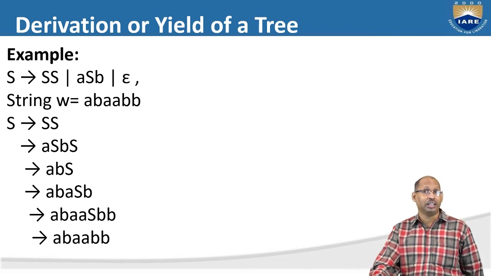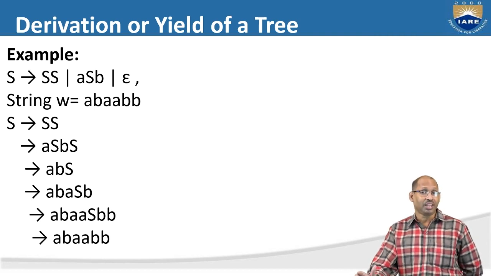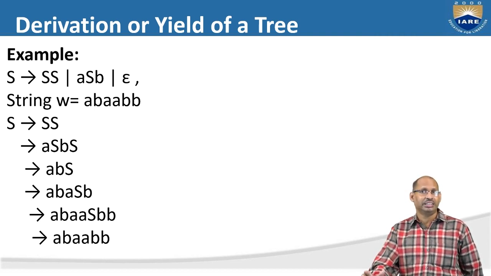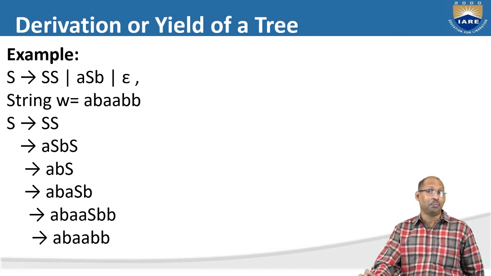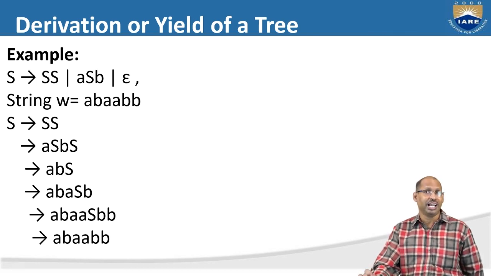Till now we applied the first production, then the second production, then the third production, right? Now apply once again the second production, which gives ABASB. Then S gives ASB, apply the second production only. Then apply the third production, S gives epsilon. What does it finally give? ABAB, 2 A's and 2 B's. So what is the sequence of order?